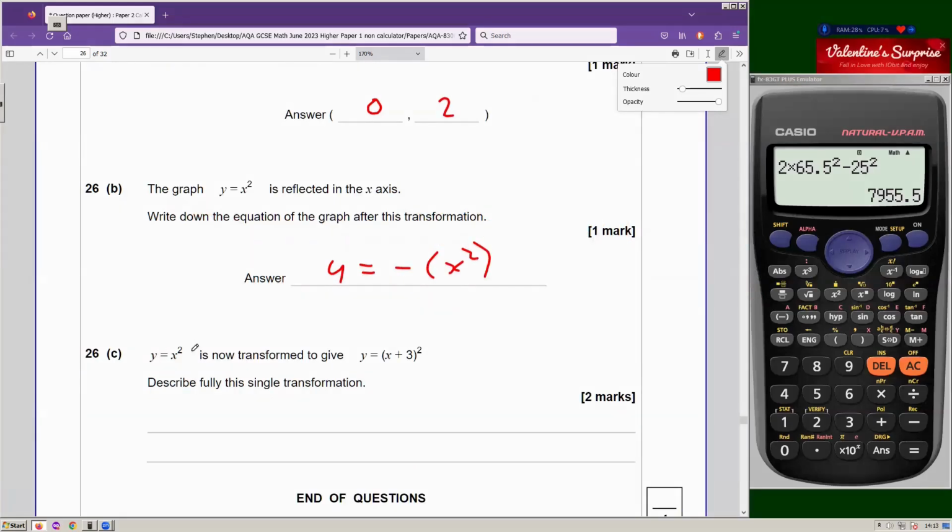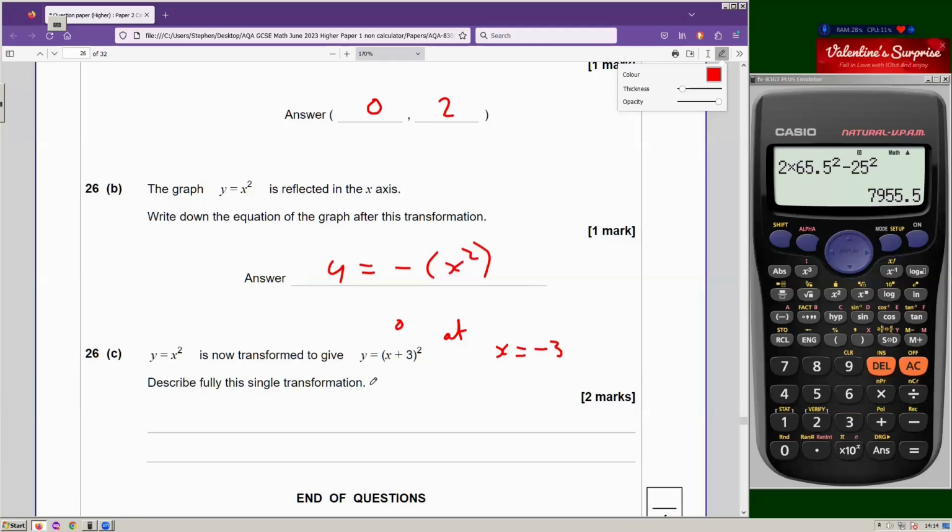Y equals x squared is now transformed to give y equals x plus 3 squared. Describe fully this single transformation. Well, this becomes 0 at x equals minus 3. So when x is minus 3, that's when y is 0. That's when this is 0.